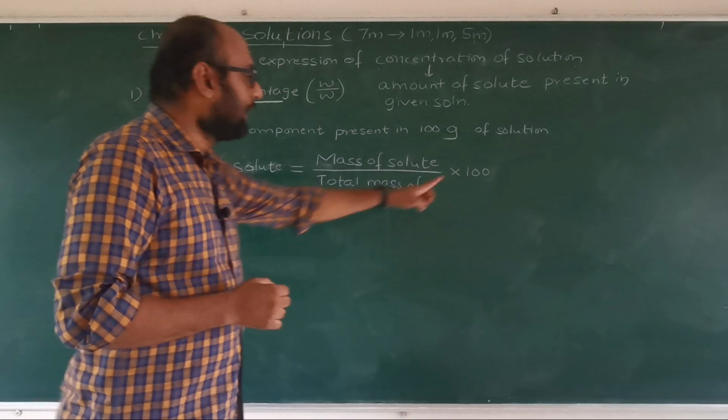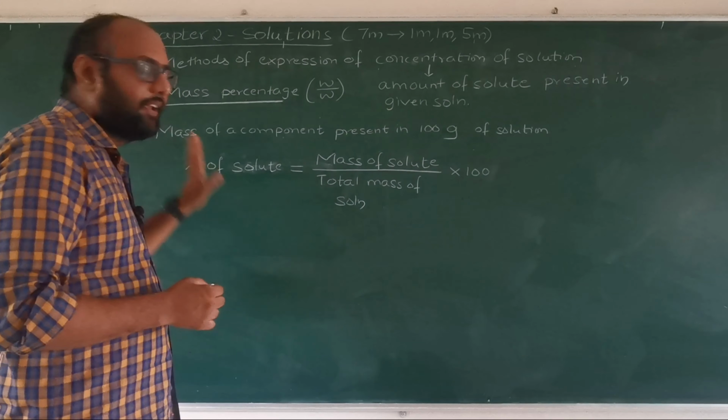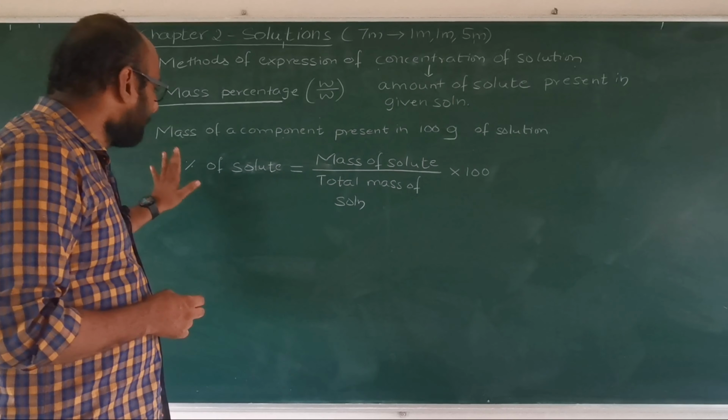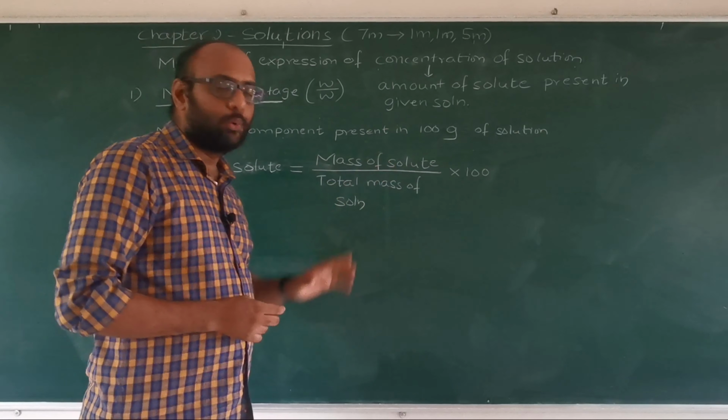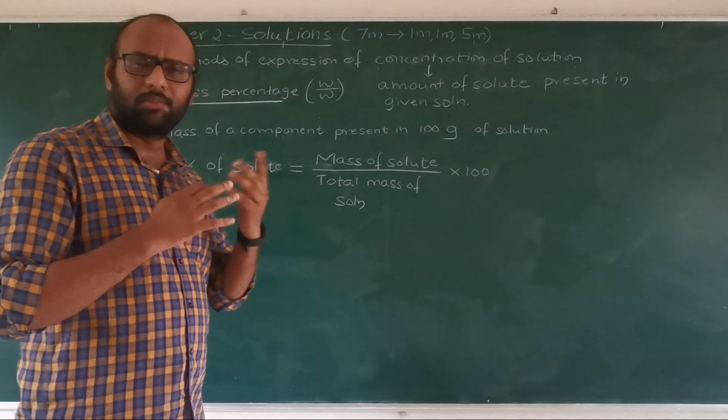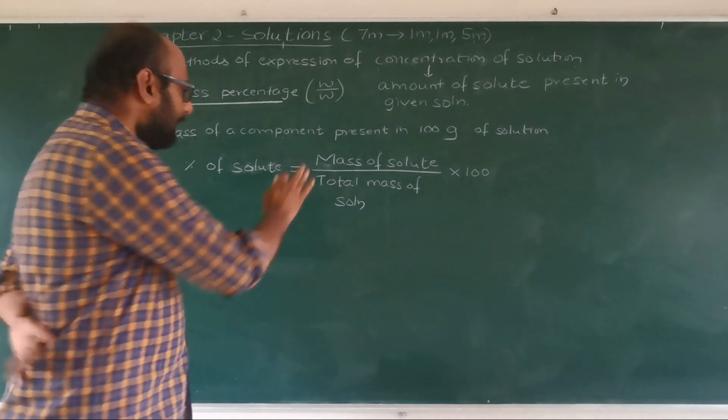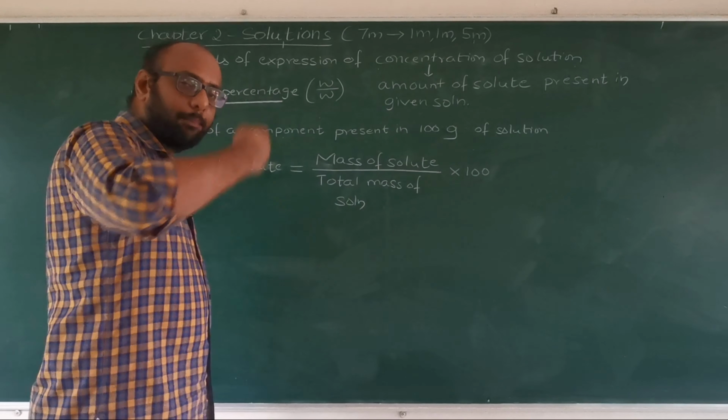You are multiplying by 100 because you are calculating a percentage here. So mass percentage of solute is equal to mass of solute, it may be 20 grams, 10 grams, anything, divided by total mass of the solution. What is the total mass of the solution? Solution means solute plus solvent.